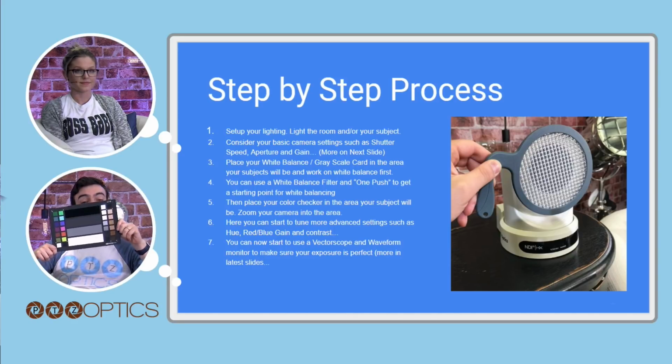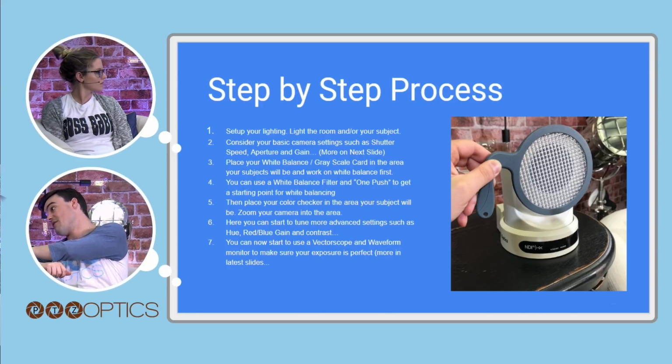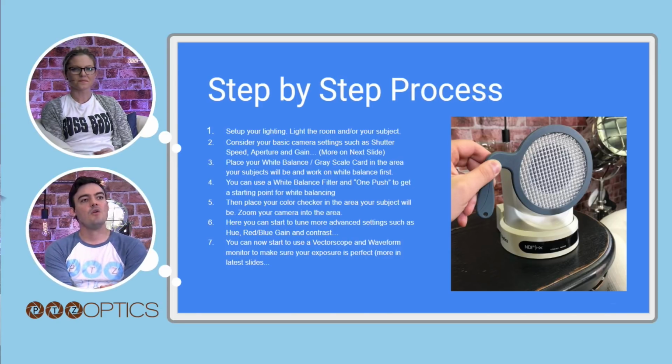And you can actually see if your camera is accurately representing the gray scales, so we can get our blacks and our whites perfect. Then we would just look at the color checker, and we can use the Vectorscope to check on colors. And when we're doing that, we might want to adjust the hue, the red and blue gain, and the contrast to get those colors right.